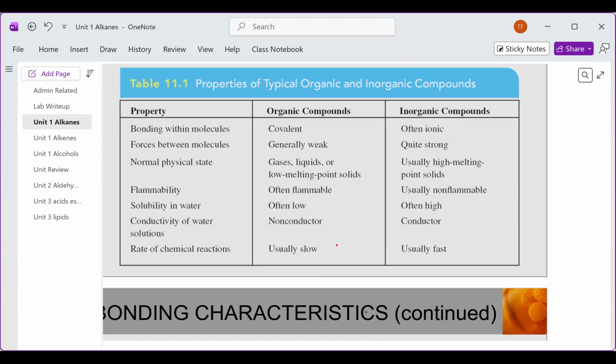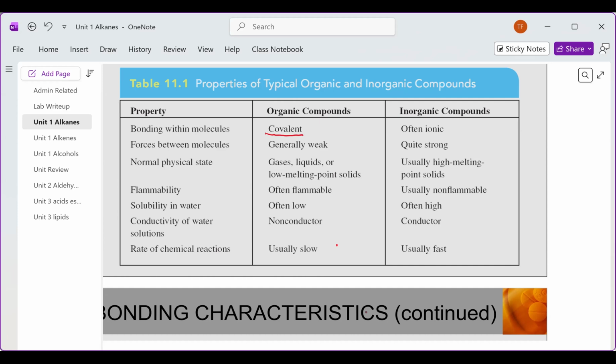The bonding is covalent as opposed to ionic. An example of an ionic compound would be table salt, sodium chloride. An example of an organic compound would be like butane lighters, covalent versus ionic.